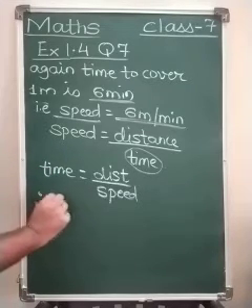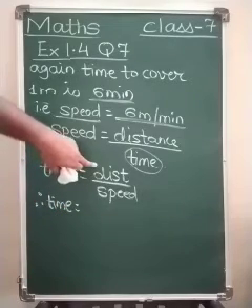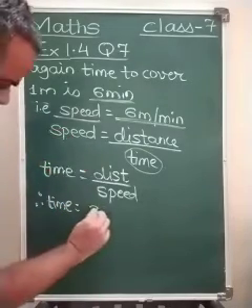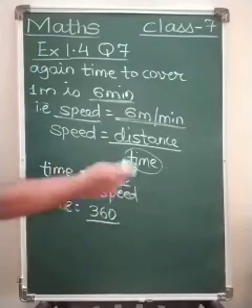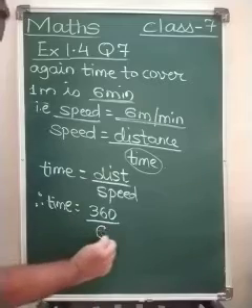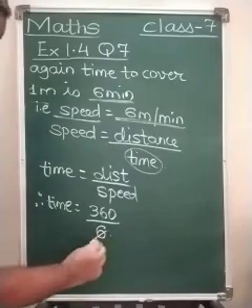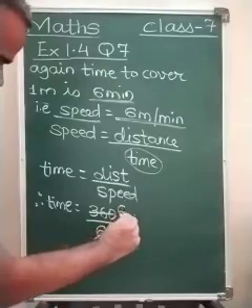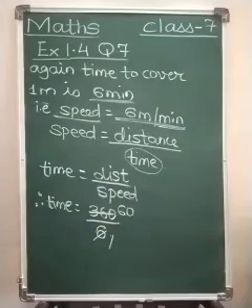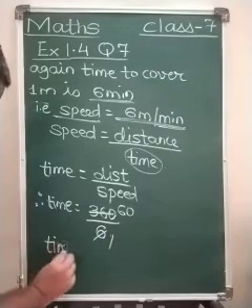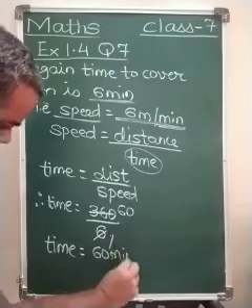Therefore, time equals, what is the total distance covered by the elevator? 360 meters, divided by, what is the speed of the elevator? It is 6 meters per minute. And now we can calculate very easily. 6 1s are 6, 6 6s are 36, so 60. So since it is minutes here, the answer comes to time equals 60 minutes.